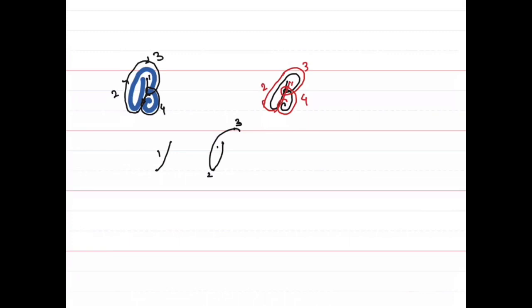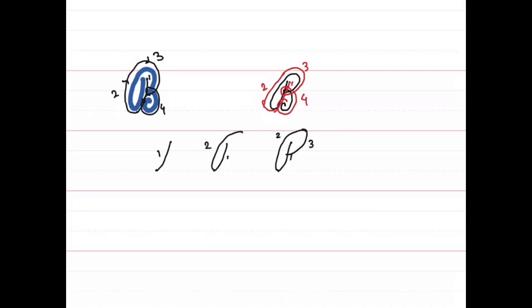Now from 3, you have to catch hold of it and take it like this. So this is your third one. Let me repeat it once again. This is your 1, this is your 2, this is your 3.